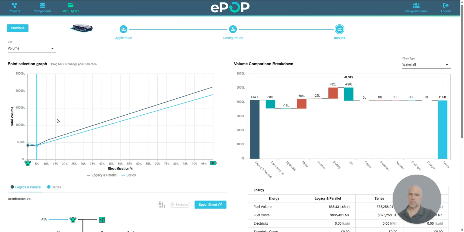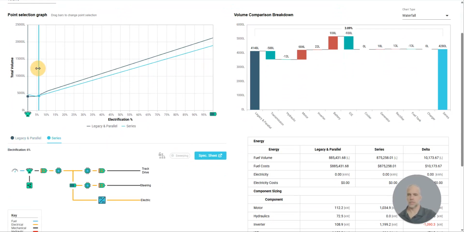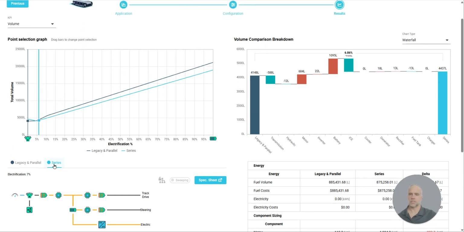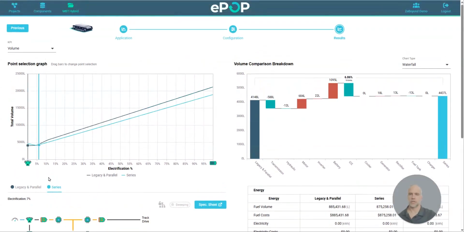So right now, the dark line is the legacy powertrain, and this one here is actually a series hybrid, you see the configuration down here.